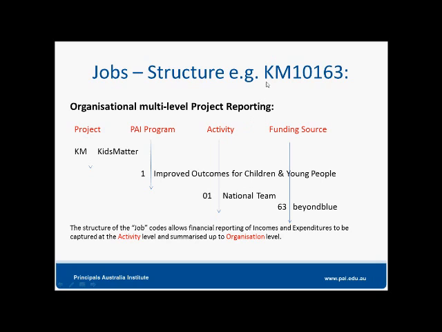The job structure comprises four elements which enable organisational multi-level project reporting. The first element identifies the project, and in this case, KM refers to Kids Matter. The PAI program is one of four, and that indicates that it's improved outcomes for children and young people.